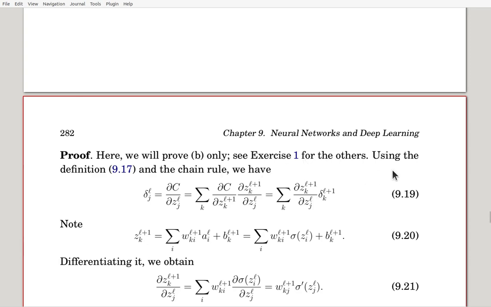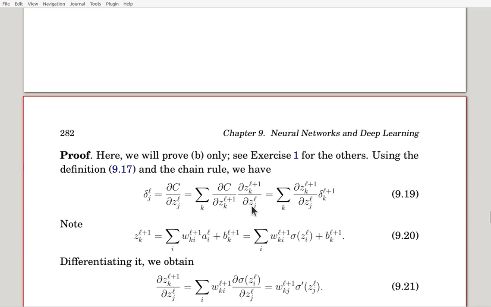Using the definition and the chain rule, we have here the definition: δ_j^L is the partial derivative of C with respect to z_j^L. That is first differentiated with respect to the next layer's z_k^{L+1}, and then z_k^{L+1} is differentiated with respect to z_j^L.